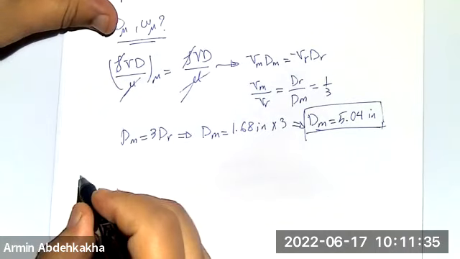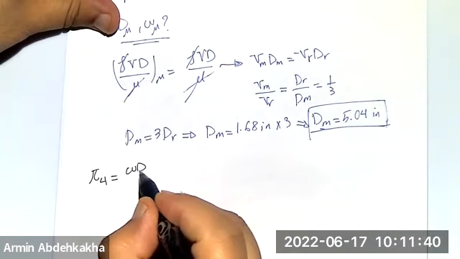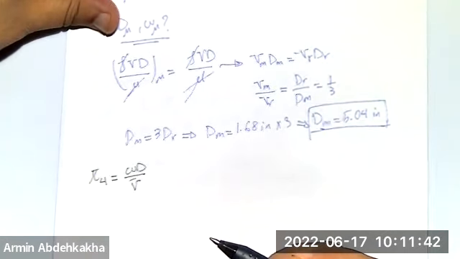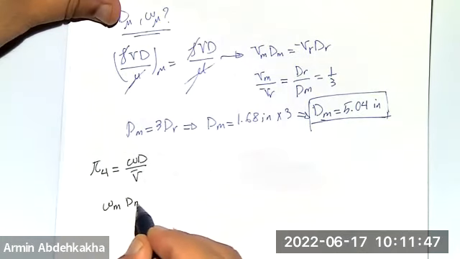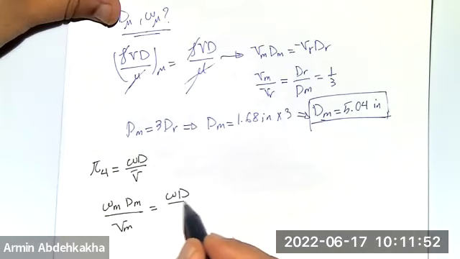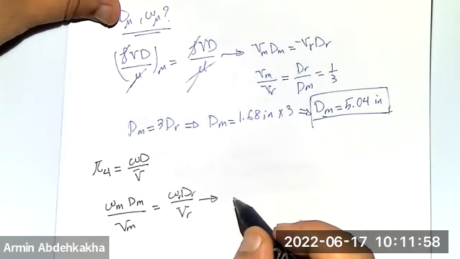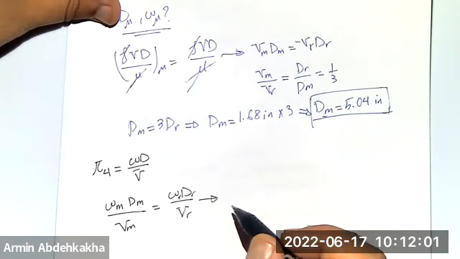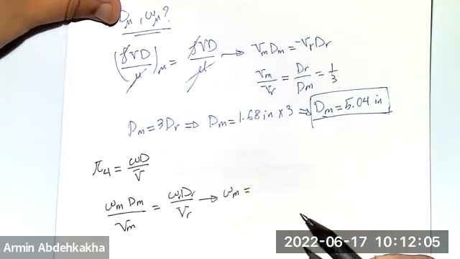I ask you to find the omega. For the omega, let's use pi 4, omega D over V. Okay, omega m Dm over Vm should be equal to omega r Dr over Vr. Okay, so first, what's asked? Find the omega m. So keep omega m on one side and bring the others to the other side.